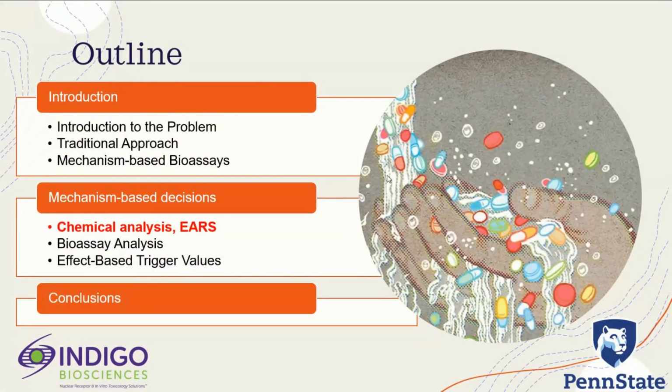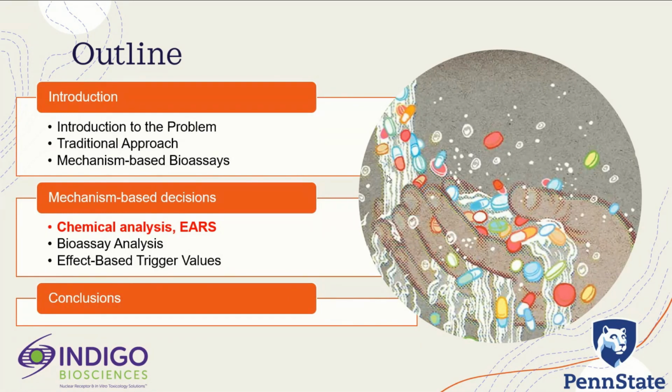Okay, so now we've talked a little bit about the framework, what the problem is, and what some of the approaches are, keeping in mind mechanisms for how chemicals are able to lead to an adverse event. So let's start making some decisions. Let's start looking at water. Let's focus on those chemicals of emerging concern that we don't have a lot of information on.